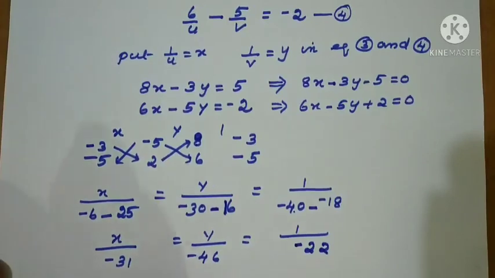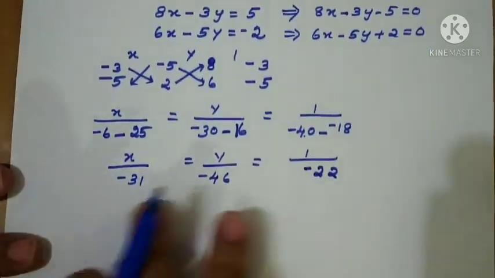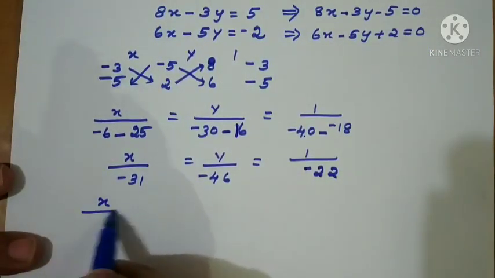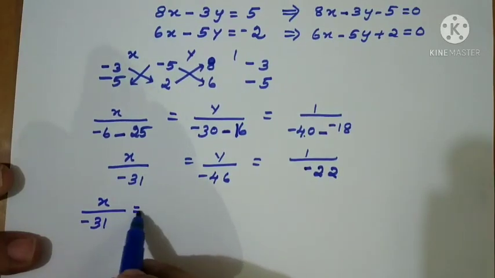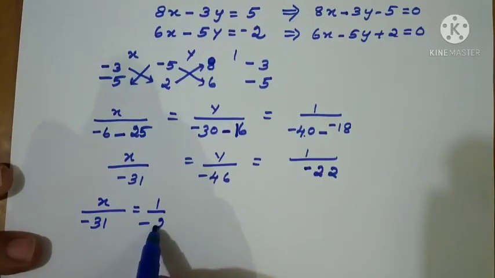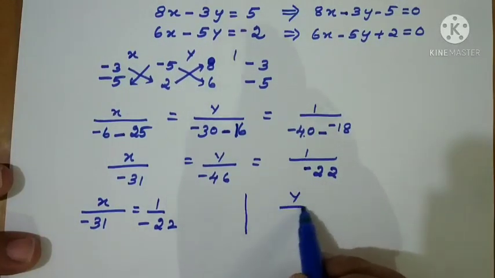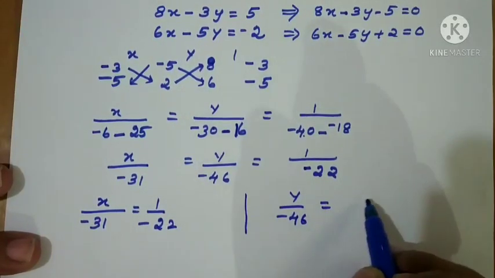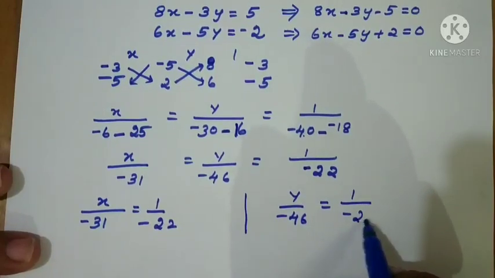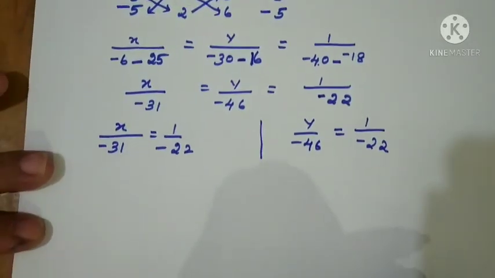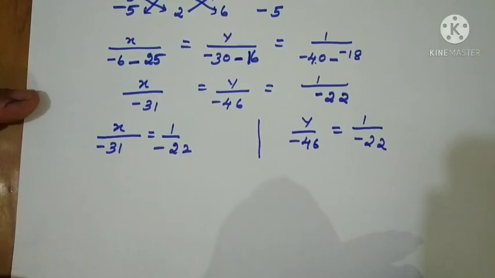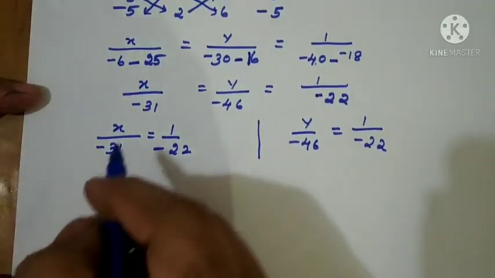Okay. So next, the first and third ratio we will take, that is x divided by minus 31 equal to 1 divided by minus 22. Similarly, y by minus 46 equal to 1 divided by minus 22. So x and y we can calculate. Still the question is not completed because the question is given in terms of u and v.